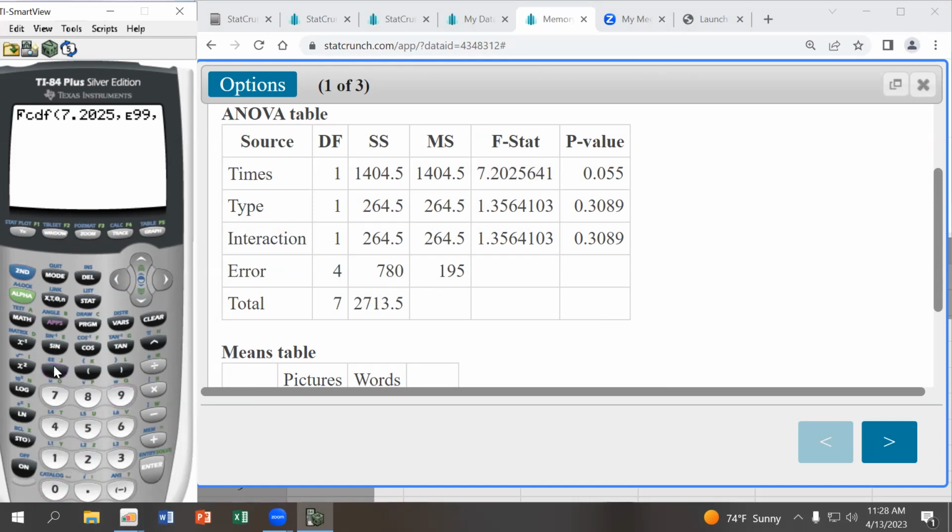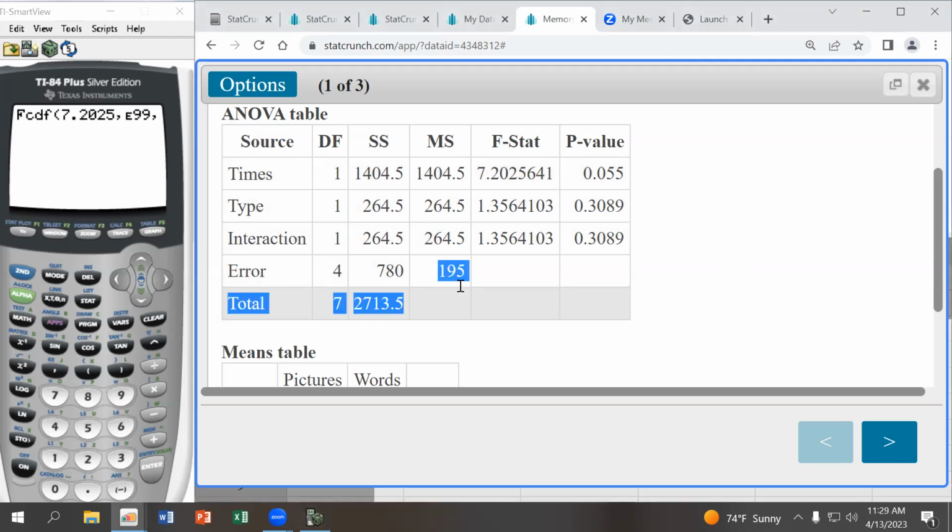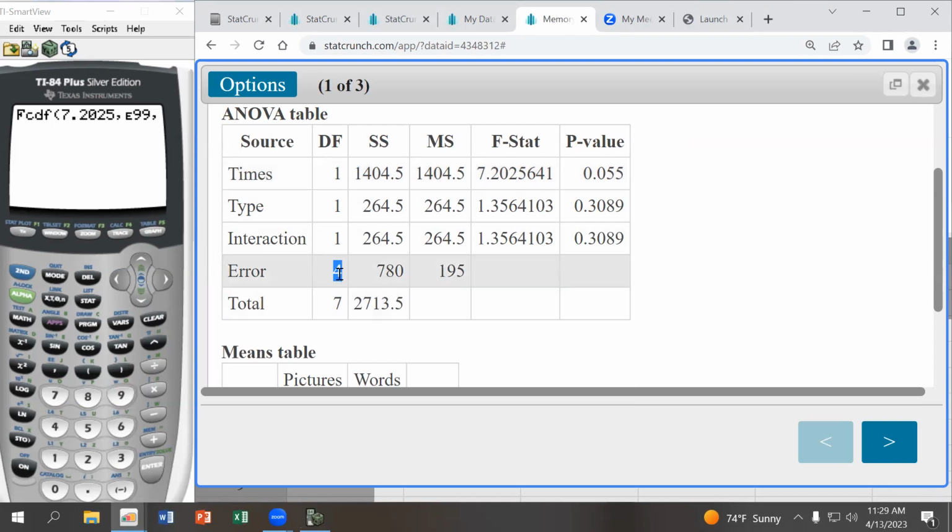We found the F ratio by dividing each MS by MS error. So we pick the DF for the first one and DF for error. So 1, 4.